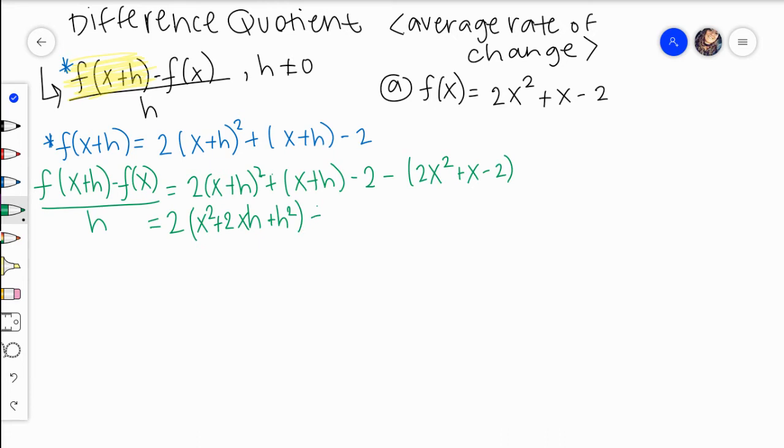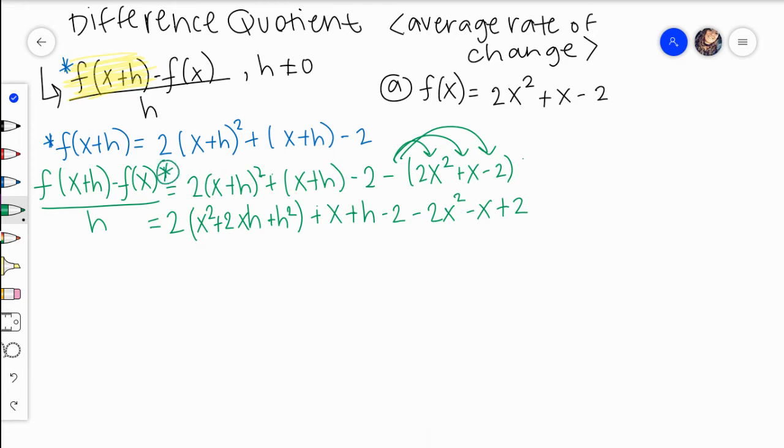Because this is a positive sign, these do not have to remain in parentheses anymore. And then we have a negative 2. And then if we distribute, we get negative 2x, negative x plus 2. And then we would actually need to distribute this 2. Oh, I have a bad habit of doing this.